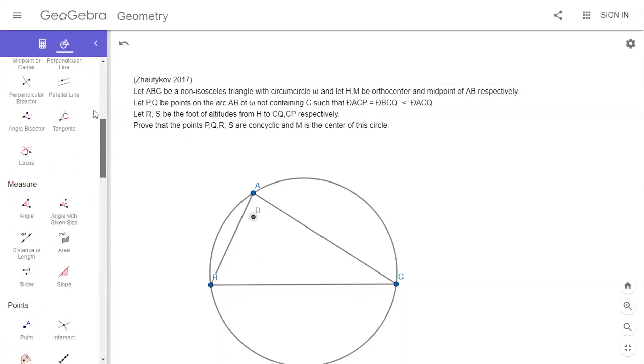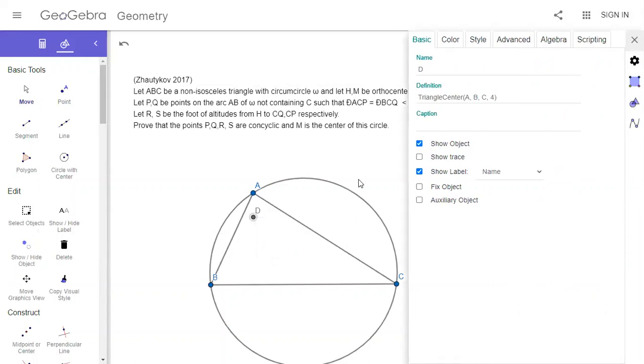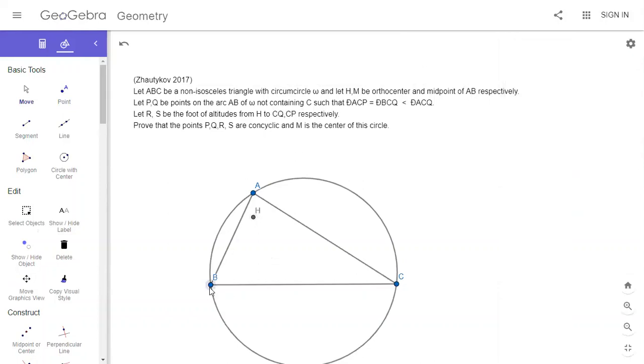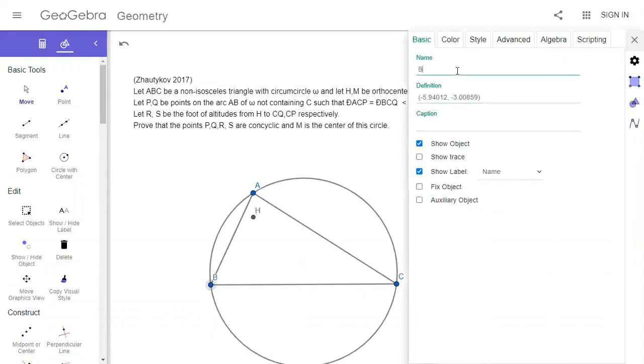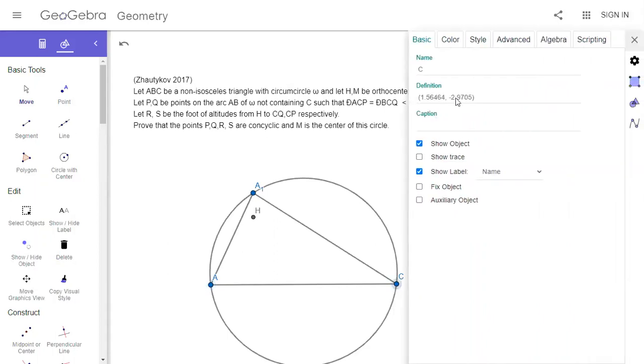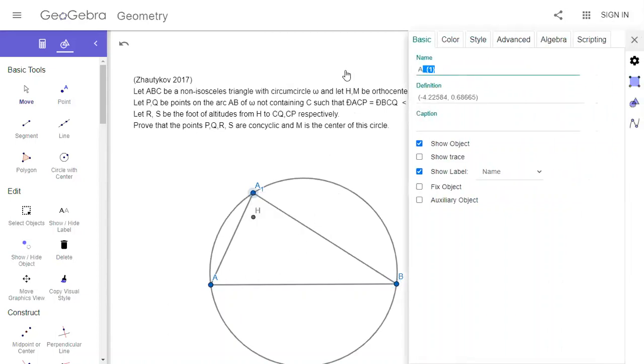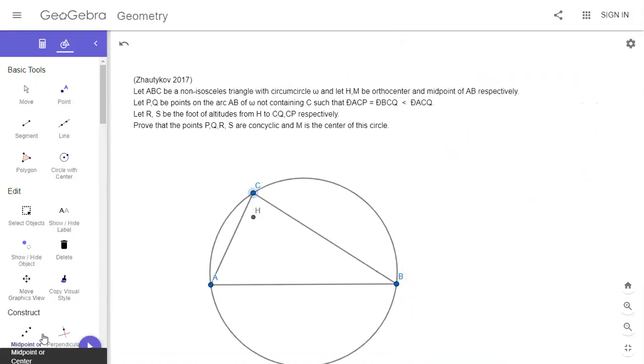M is the midpoint of, oh man, it's of AB. Well, I'll just do this. I'll call that A, B, and C. All right. M is the midpoint of AB.